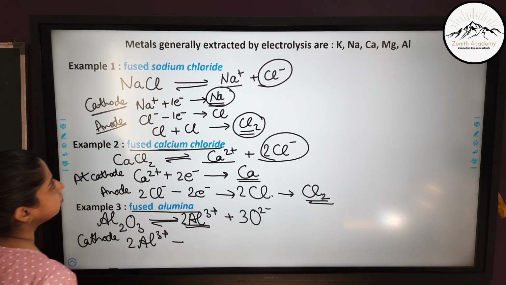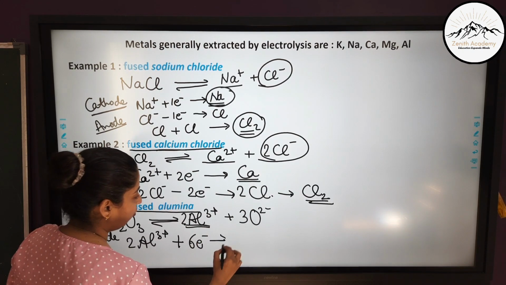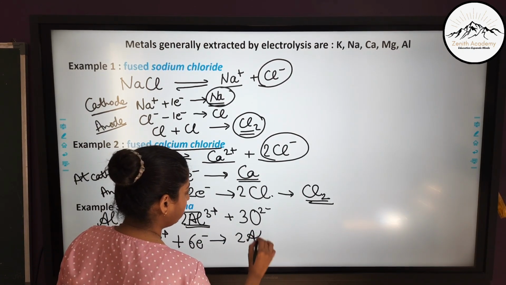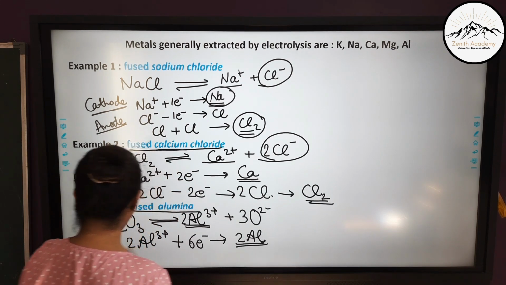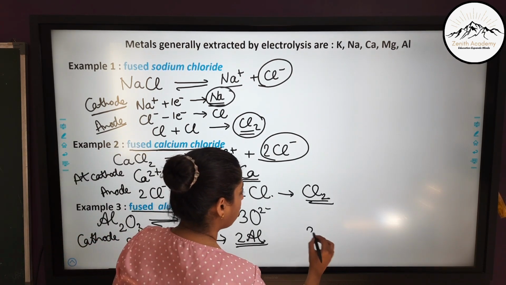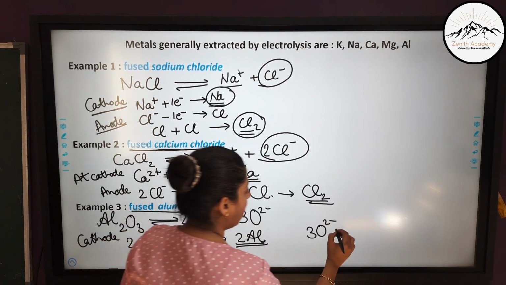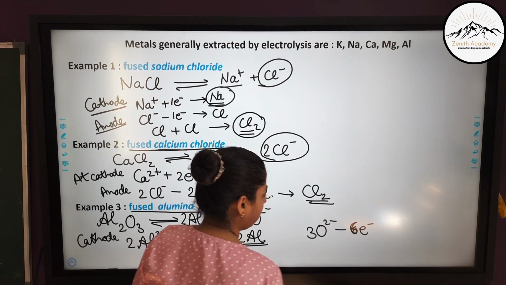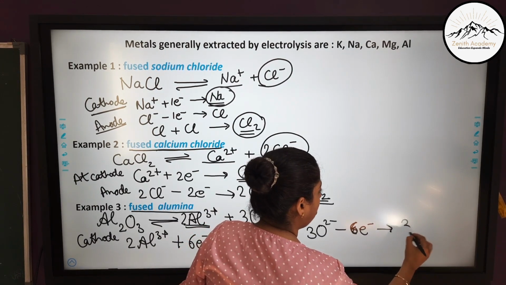So it will accept 6 electrons and form 2 aluminium atoms, and it will get deposited there. Now what happens at the anode? The 3 O2- ions go and lose 6 electrons. It is losing 6 electrons and forming 3 oxygen atoms.